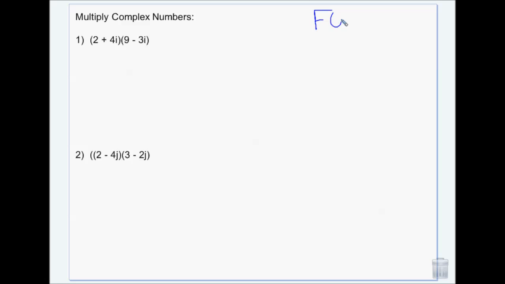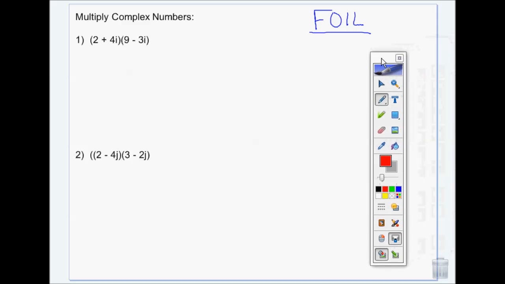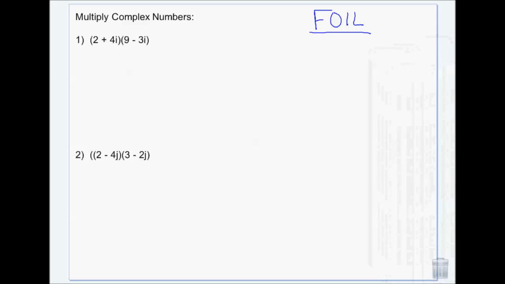We're going to use the FOIL method. And if you recall, that's first, outside, inside, last. So I'm going to multiply first. That's going to give me 2 times 9, that's 18. And then I'm going to move that down a little bit so I have more room.